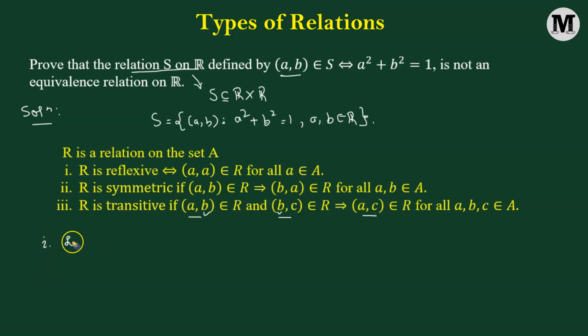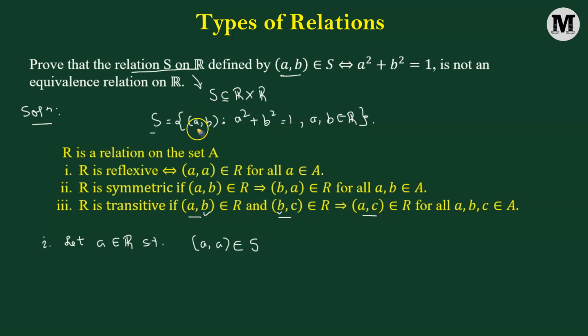For this, we are going to consider an arbitrary element a that belongs to the set of real numbers R. That's very important: for any arbitrary element picked from the set of real numbers R, the ordered pair (a, a) must belong to the relation S. Now, what does it mean when we say the ordered pair (a, a) belongs to the relation S?